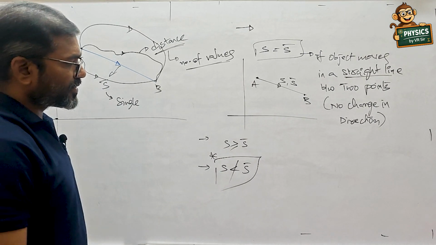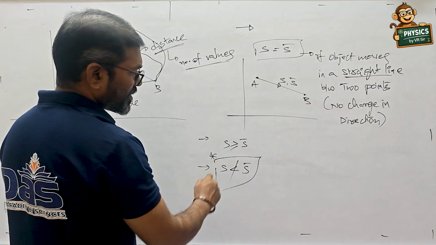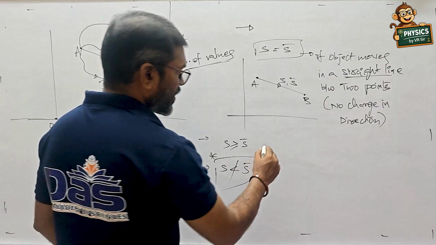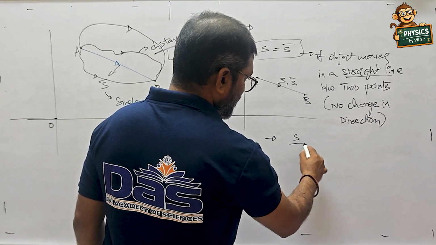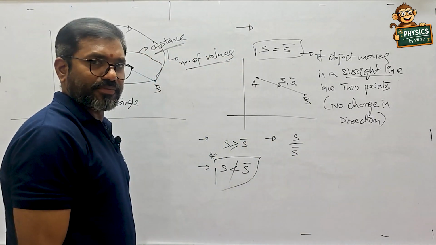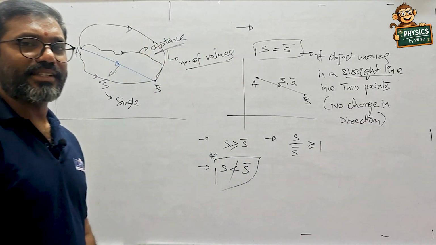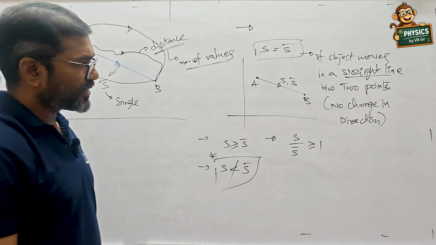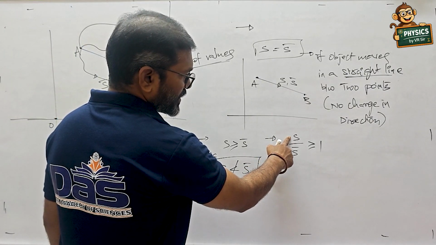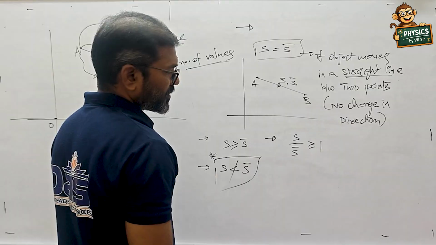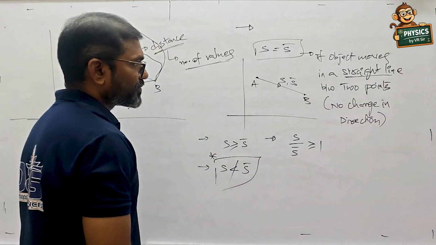So that is the main reason distance can never be less than displacement. Sometimes they can ask a question like this: the numerical ratio of distance to displacement, what could it be, and it is always greater than or equivalent to 1, because distance is greater than displacement or distance equal to displacement. So this is what we can take.